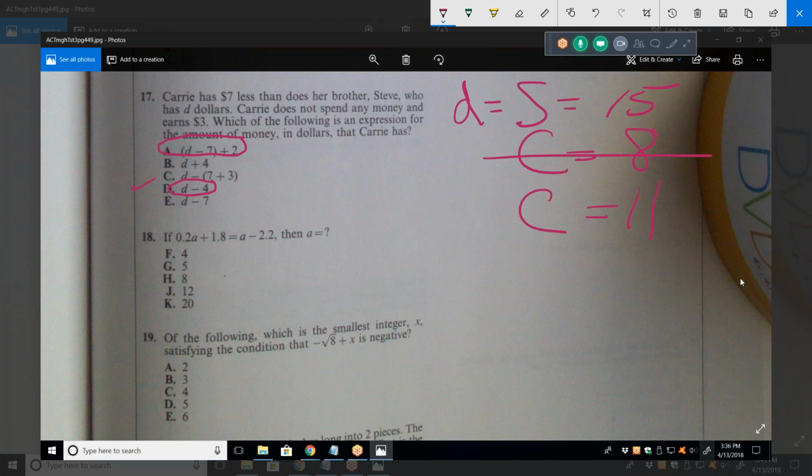So that's the secret of picking numbers: you can pick any number you want. Just make sure you can figure out what Carrie's new dollar amount would be. And then we look for one of those 5 answers that's equal to 11, given a D of 15. So we've taken a relatively hard problem and turned it into an easy problem, which is usually the case when you pick numbers.